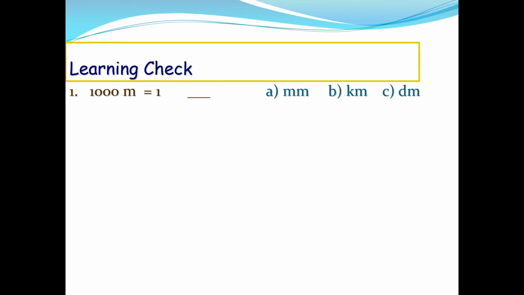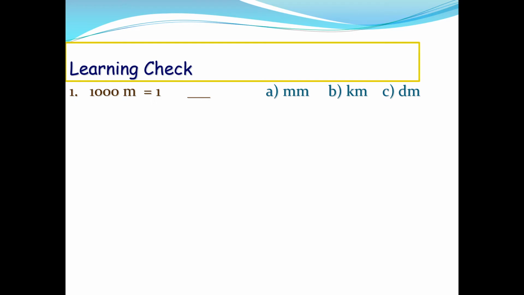So, learning check. 1,000 meters is equal to which of the following? 1,000 meters is equal to 1 millimeter, 1 kilometer, or yes, it would be a kilometer.